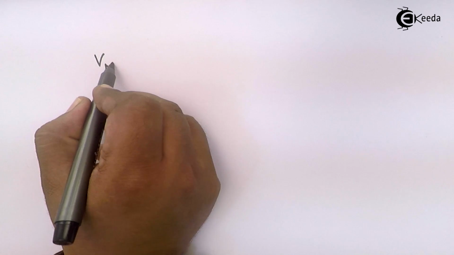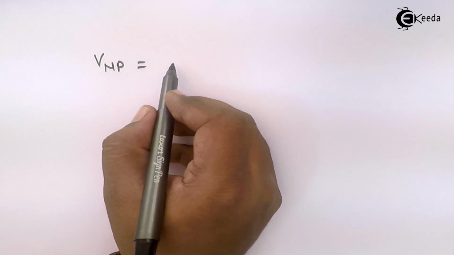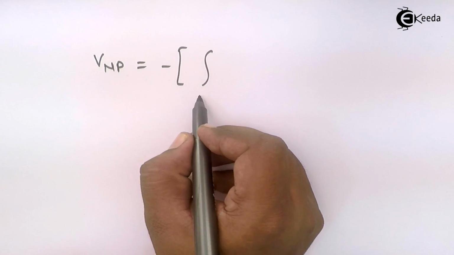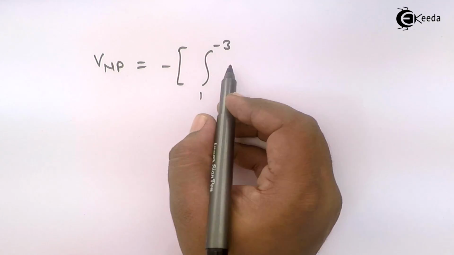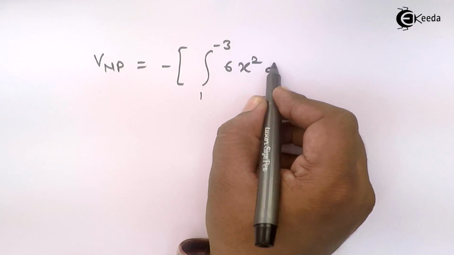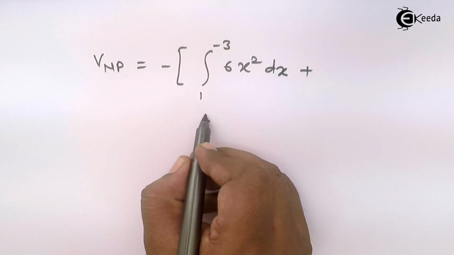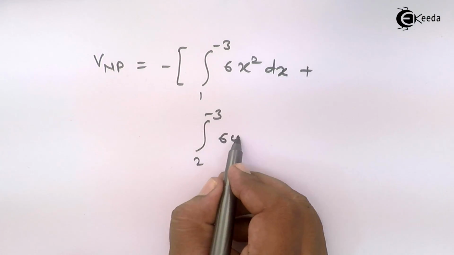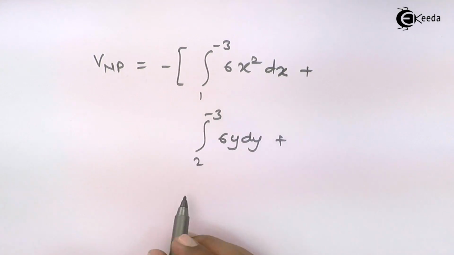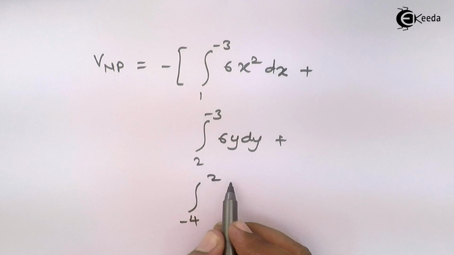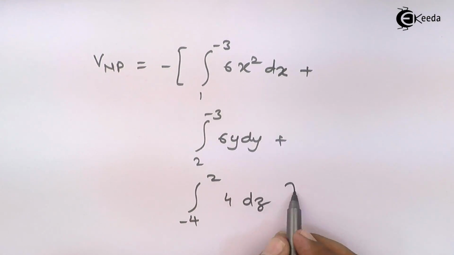So VNP we can split into three terms of integration. VNP is equal to minus, in bracket we shall be having the three terms. The first integral 1 to minus 3 6x square dx, the second integral 2 to minus 3 6y dy, and the third integral minus 4 to 2 4 dz.